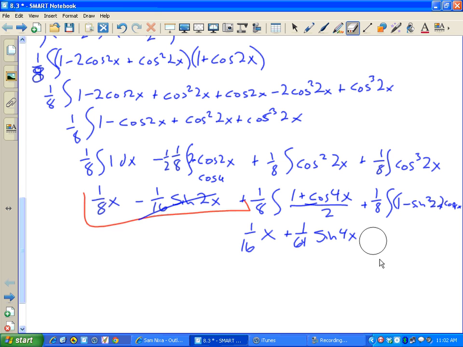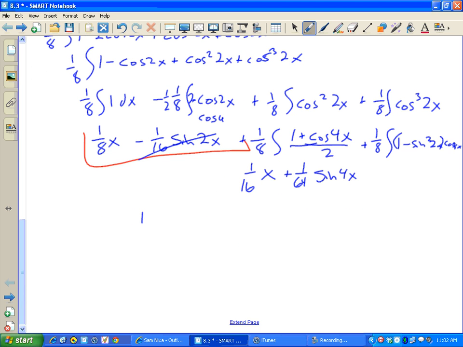So let me write this one down below and show you what I'm doing for this last one. I got 1/8, 1 minus sine squared 2x cosine 2x dx. Okay, because one of these cosines I pulled out, the other two turned into 1 minus sine squared.